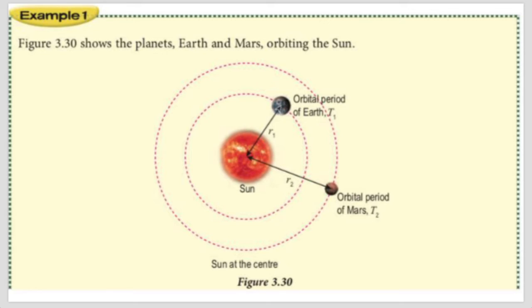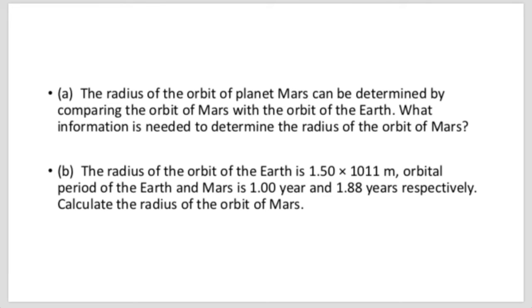Okay, so let's go back to the question. The question is, what information is needed to determine the radius of the orbit of Mars? So the radius of the orbit of Mars is R2. In order to be able to find R2, we need to know T1, T2, and R1.